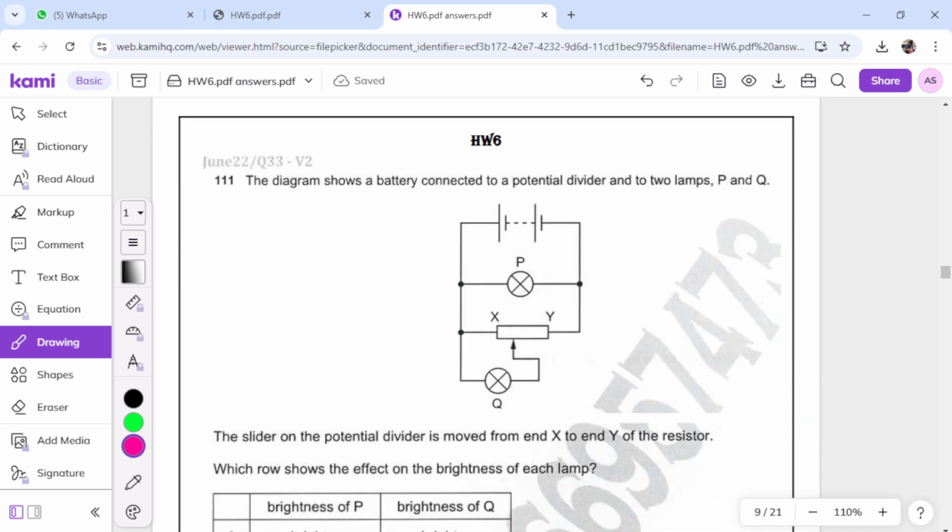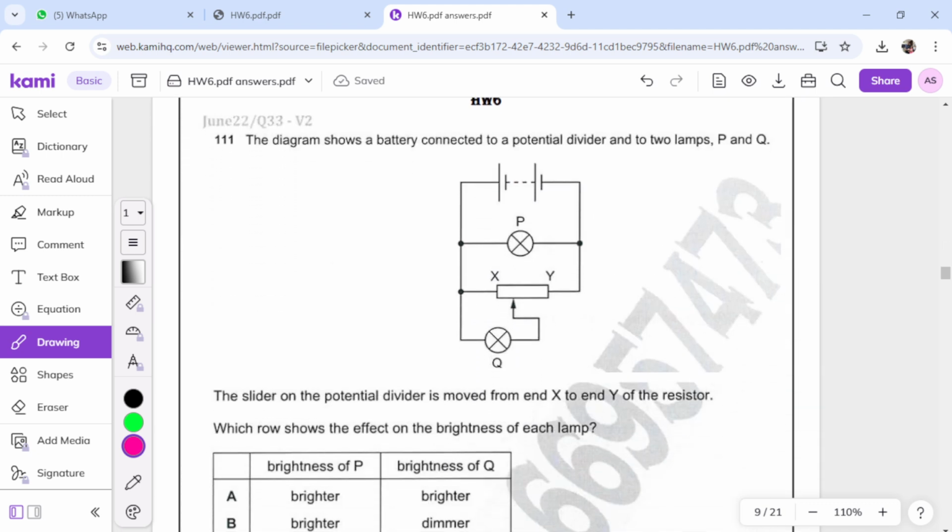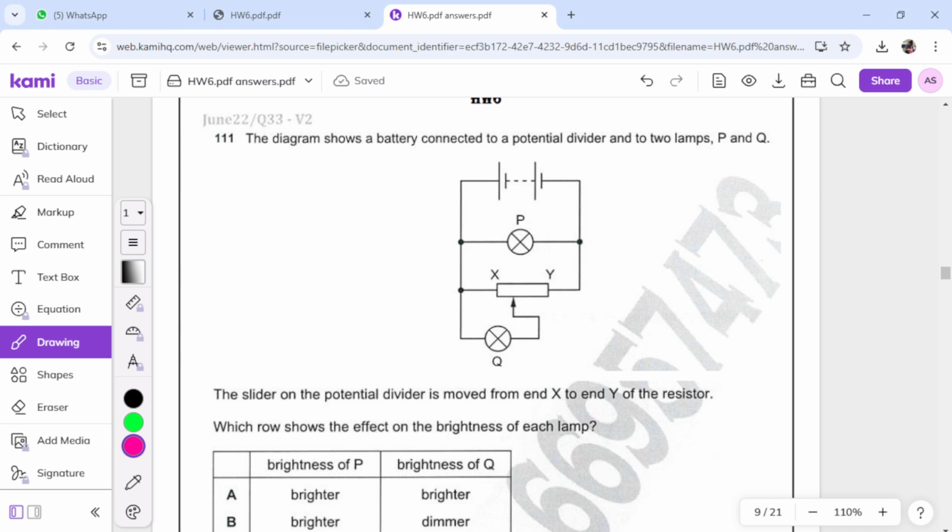The diagram shows a battery connected to a potential divider and 2 lamps P and Q. As you see here, this is a parallel connection. But inside this branch we have a series connection, using this pointer or slider.